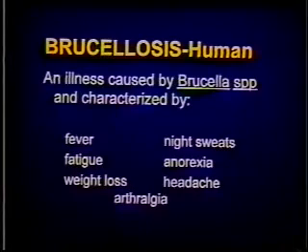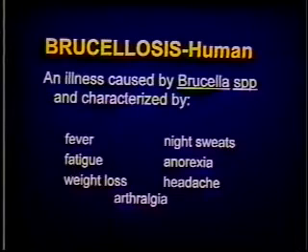Brucellosis, a disease that is found in most of the countries of the world, and in humans takes a different form primarily than it does in animals, where it is a reproductive disease and is characterized by abortions.